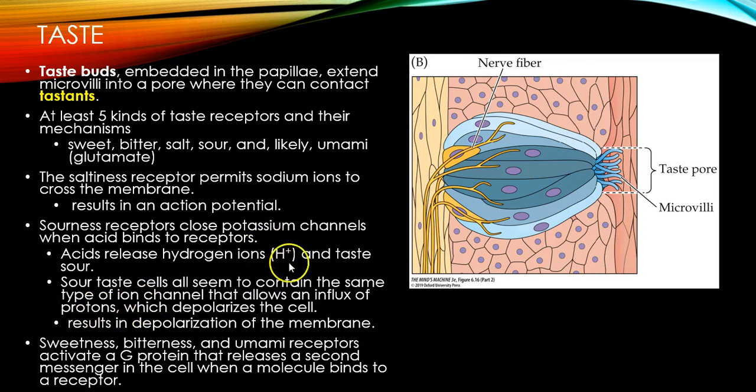Protons are positive, these hydrogen plus protons, which then depolarizes the cell and again results in an action potential. The other receptors, sweetness, bitterness, umami, seem to activate a G protein and a second messenger system, which is a lot more complicated, to allow us to taste these different tastes.